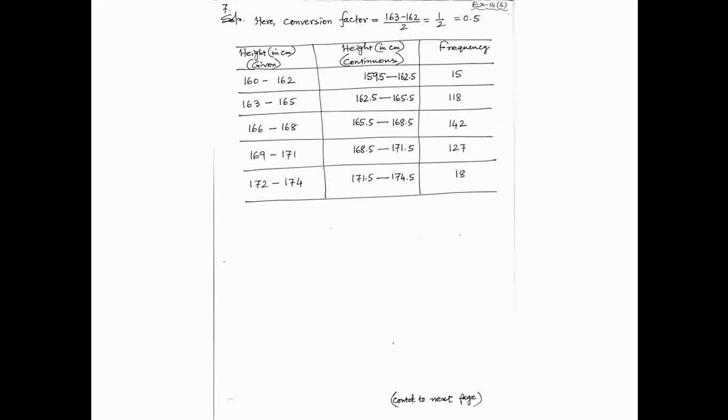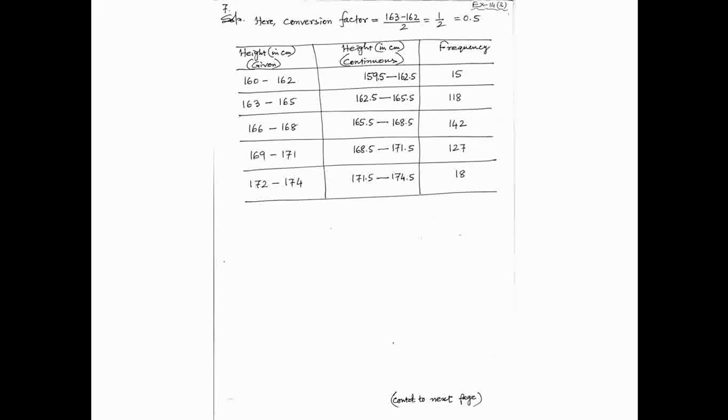In the first class interval, the upper limit is 162, and in the second class interval, 163 is the lower limit. Always the upper limit of the previous class interval and the lower limit of the present class interval should be the same. If it is not the same, you try to make it equal. Then it will be easy for you to do the sum.